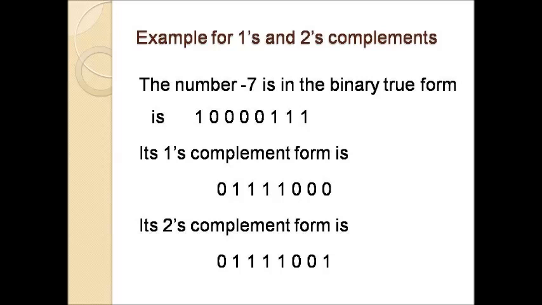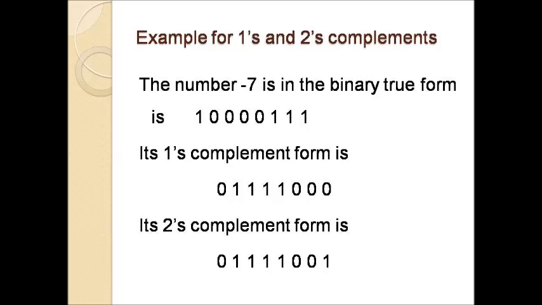On the screen you can see that we are using the sign magnitude form, which means the leftmost or most significant bit is assigned for the sign. Here the MSB is 1, which means it is a negative number, and the rest is the binary representation of the number 7.